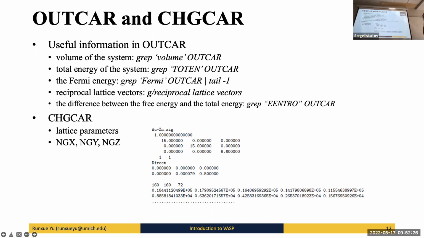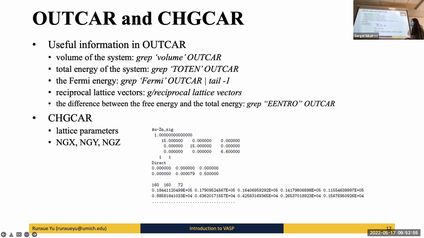Let's move on. Another one is CHGCAR. It can be used as an output and also an input file. First it gives the lattice parameters, the same as the POSCAR. The most important thing is that it gives us the number of points along x, y, and z.